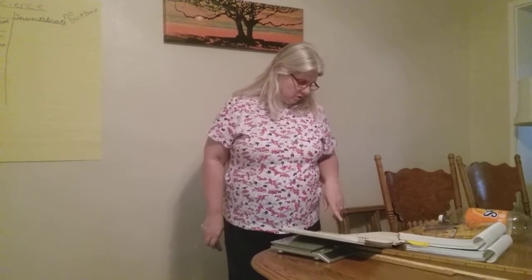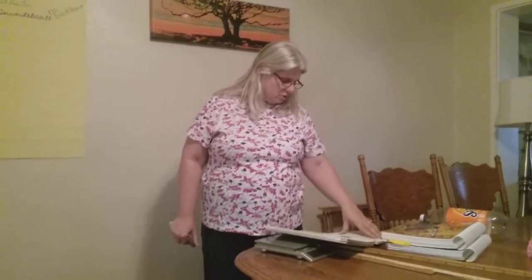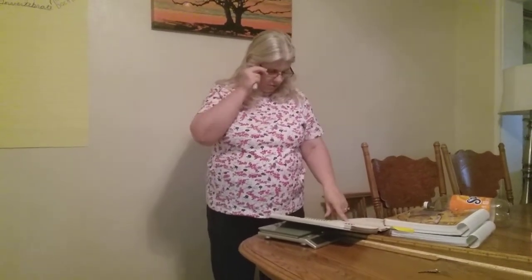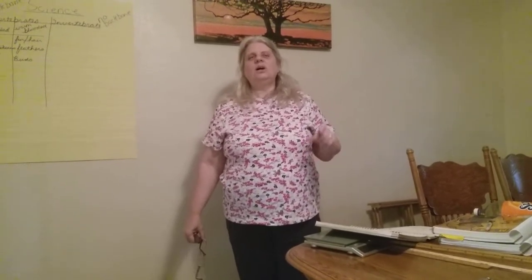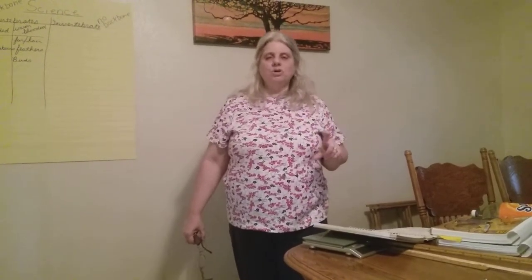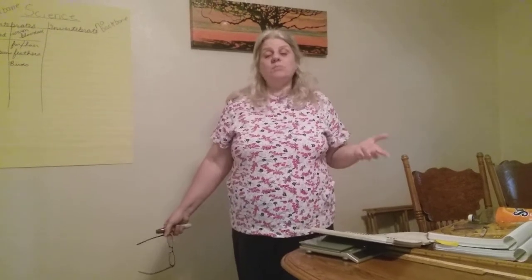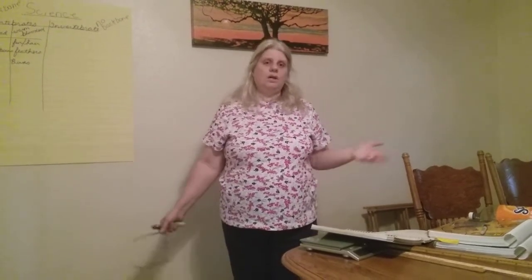Now we're going to also look at page 30, which talks about the size of the birds, which I talked about. And not only does it talk about the size on this page, it also talks about the fact that the male and female birds of a species may not be the same color. In fact, usually they aren't.